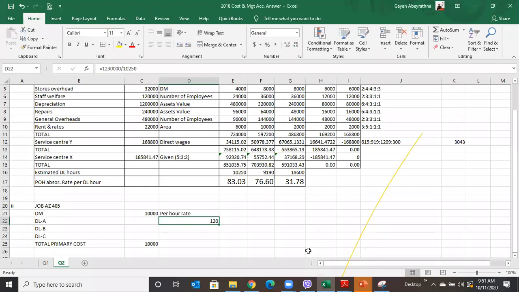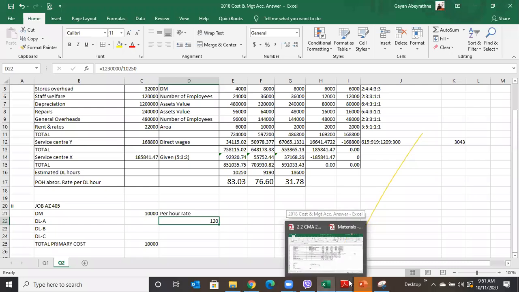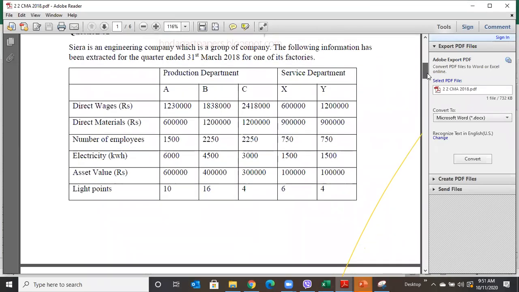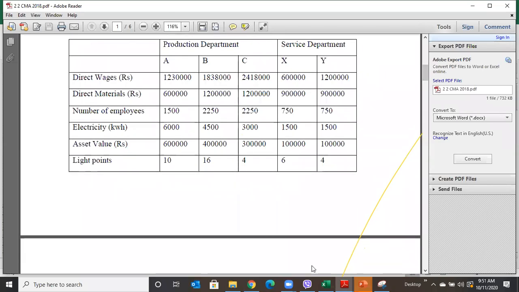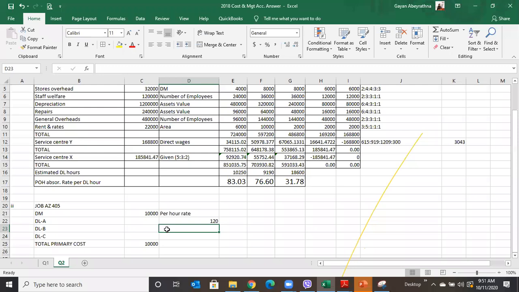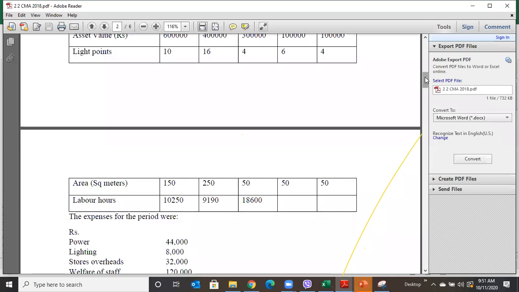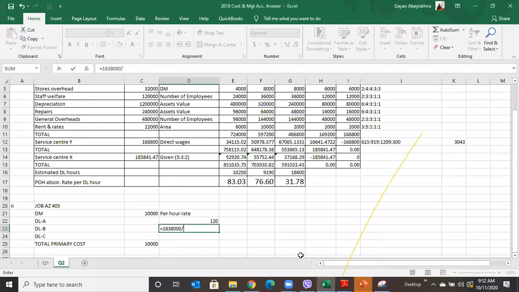Okay, for A. Then for B, 183,800 divided by how many labor hours? 9,190.